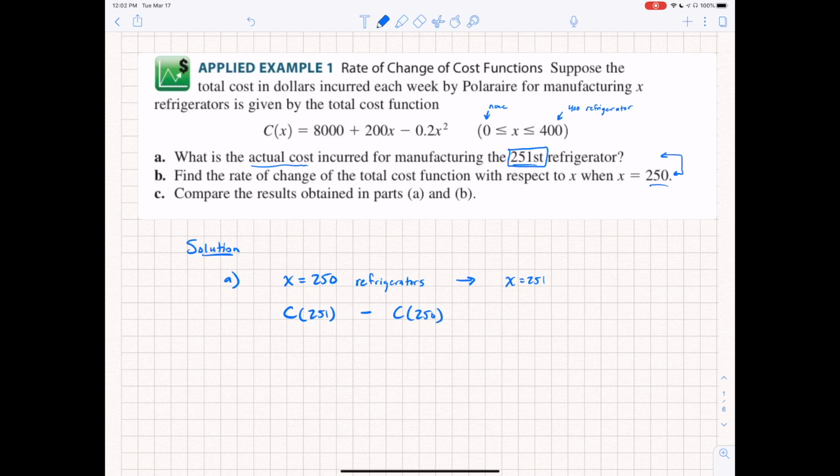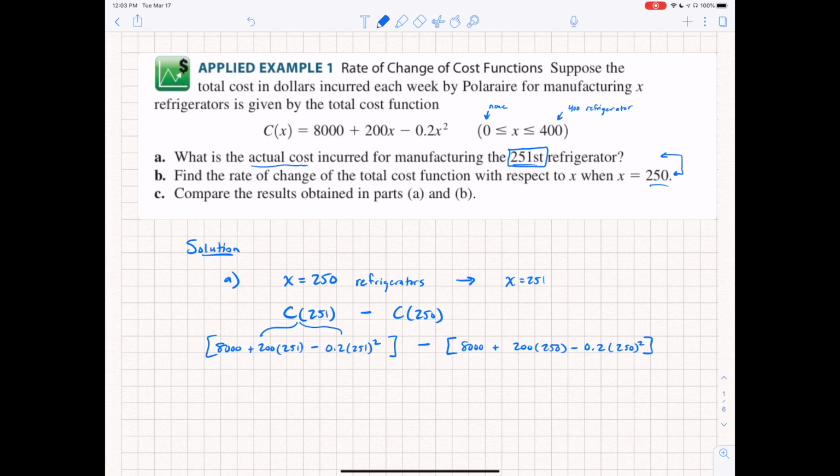And so you can use your calculator. You can do this by hand. Essentially, we're saying for this part, 8,000 plus 200 times 251 minus 0.2 times 251 squared, minus 8,000 plus 200 times 250 minus 0.2 times 250 squared.